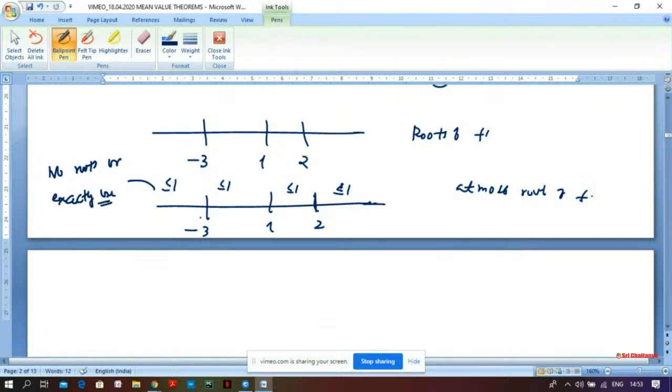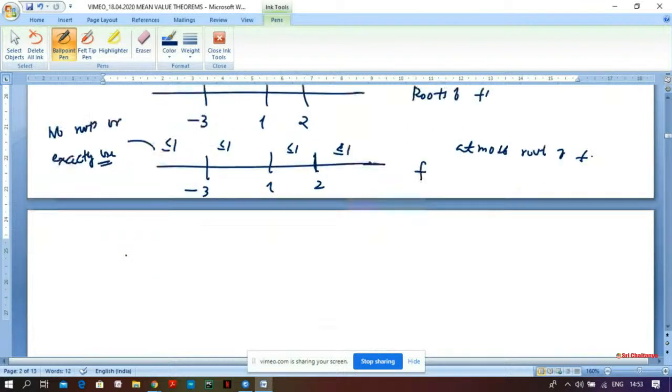So in each of these intervals, I know that f can have these kinds of things. All that is left for me is to compute or determine the sign of f.